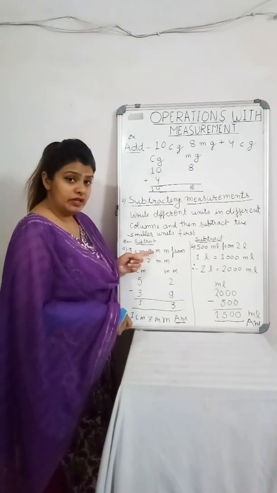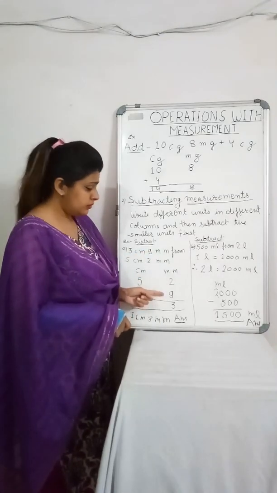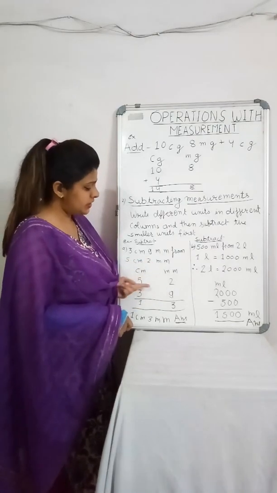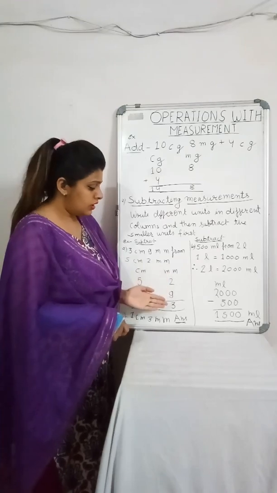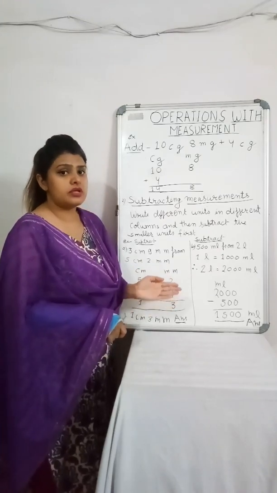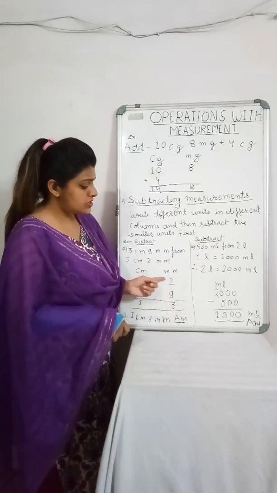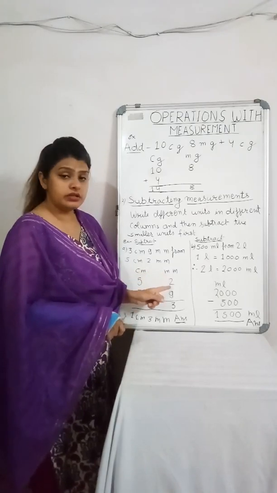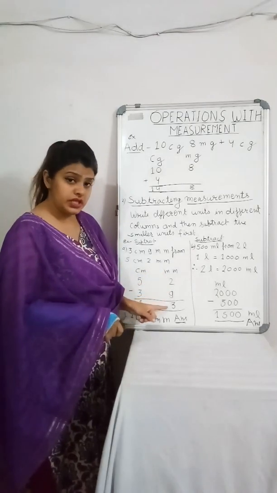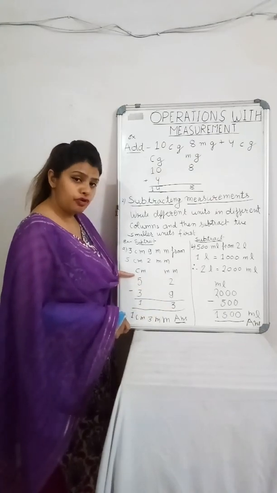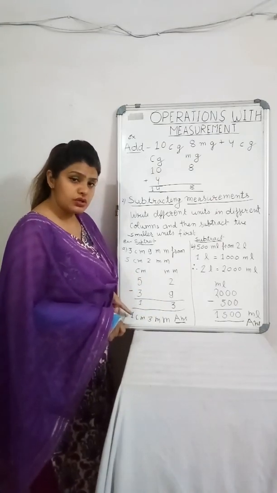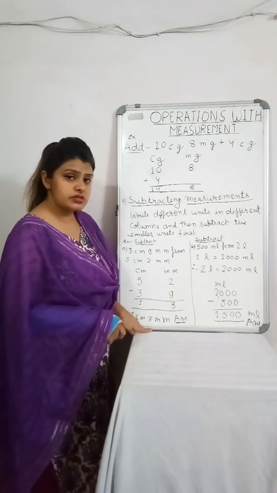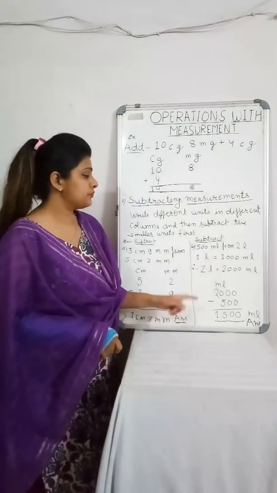Here 9 mm will be written at the bottom and 2 mm will be written at the top, because 5 is with 2. Now we will start subtracting from the right hand side. This will become 12, because 1 will be taken from here. 12 minus 9 is 3, and here it becomes 4. 4 minus 3 is 1. So our answer is 1 centimeter and 3 millimeters.